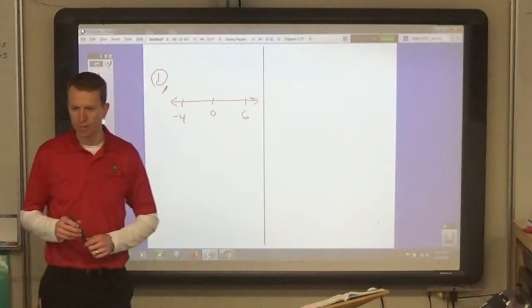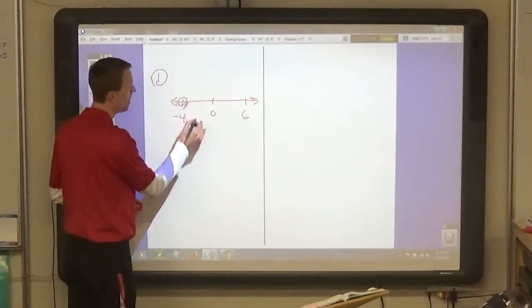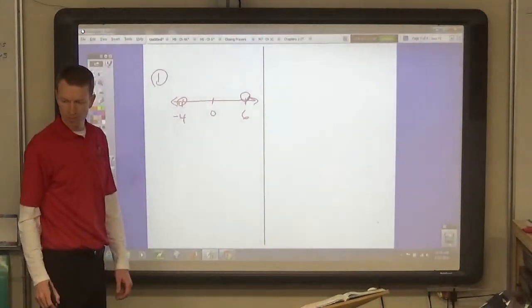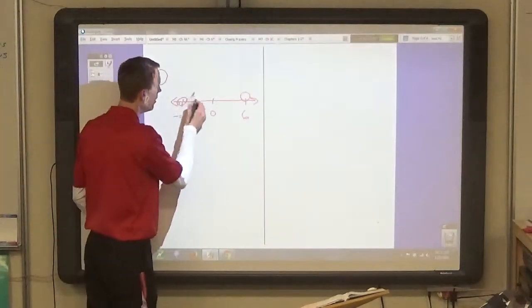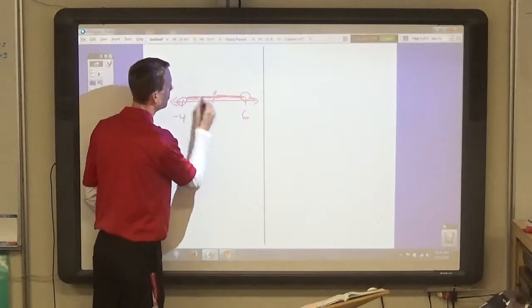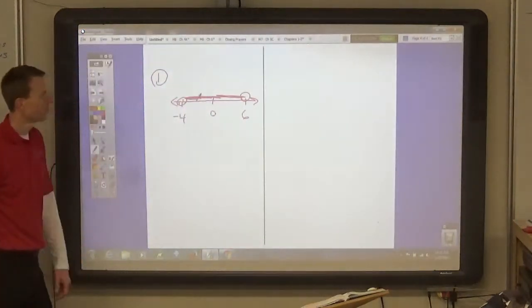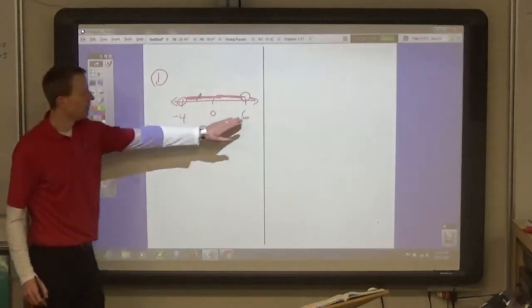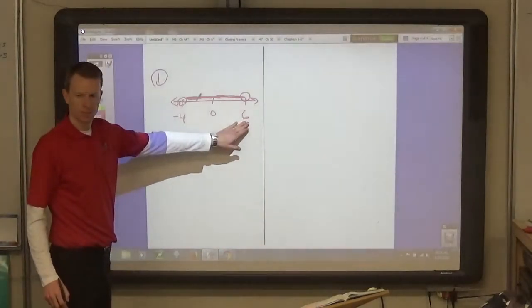Yeah, an open dot at -4, open dot at 6, and then shade in between. All real numbers between -4 and 6. Okay?